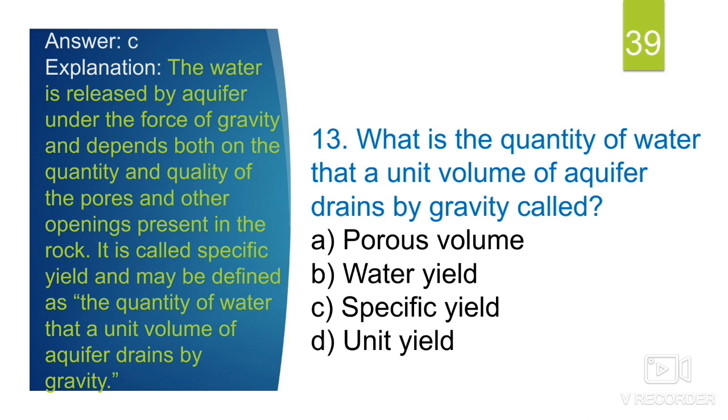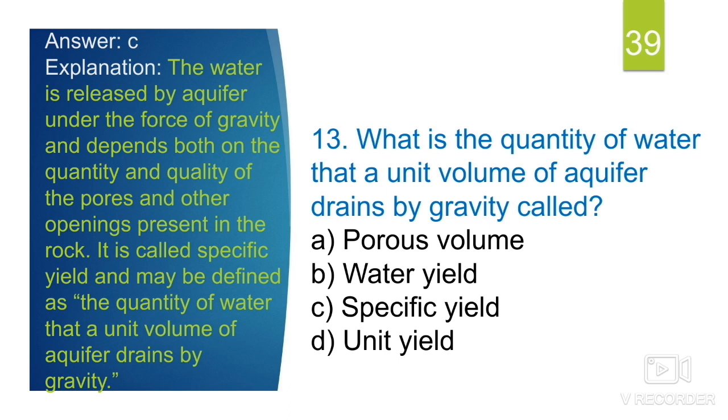The water that is released by aquifers under the force of gravity depends both on the quantity as well as the quality of pores and other openings present in the rocks. So it's known as the specific yield, defined as the quantity of water that a unit volume of aquifer drains by gravity.